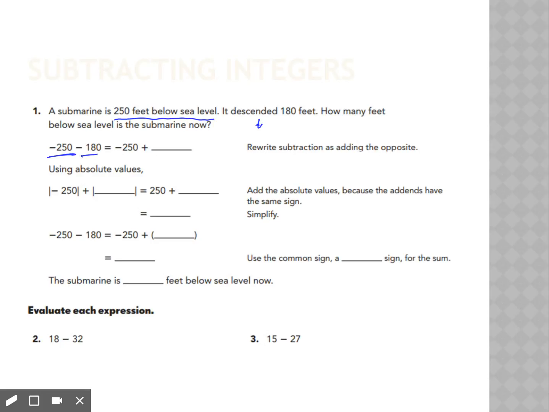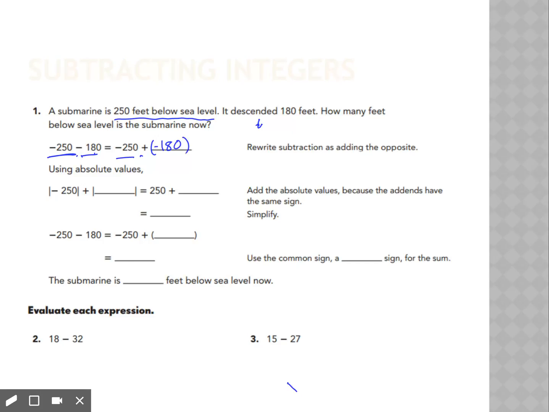So we have a subtraction problem, -250 minus 180. Instead, we're going to do addition. -250 stays the same. They already changed our subtraction sign to addition for us. And now here you have a 180. We're going to turn that into -180.